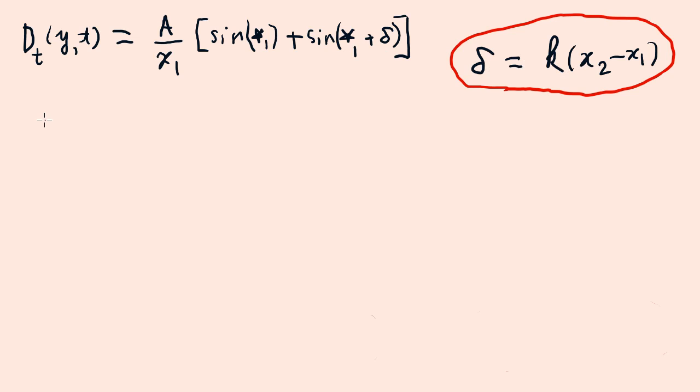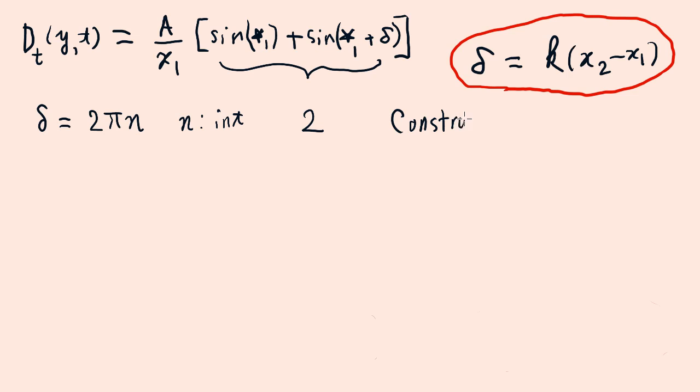If delta is 0, or, well, 0 in angle means 2 pi times integers, then this whole thing will become 2. This part will become 2. So that's constructive interference. Okay, so that's very important.